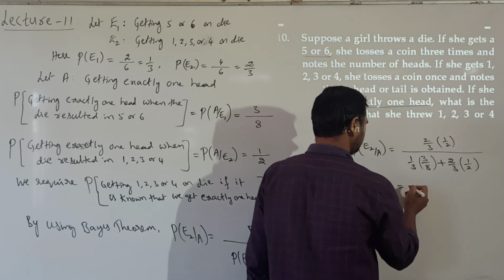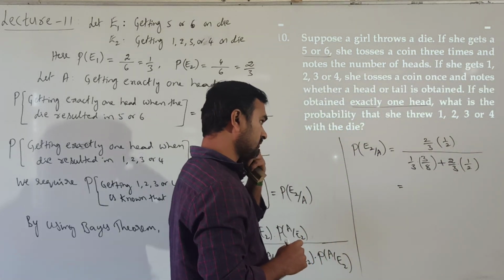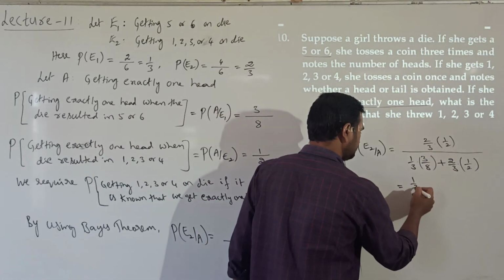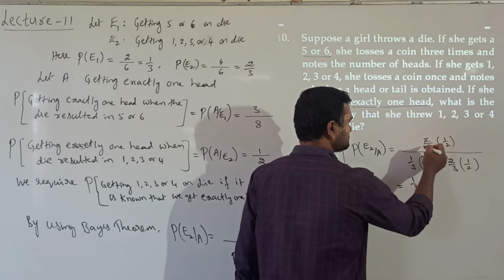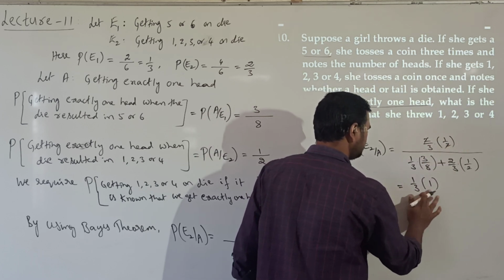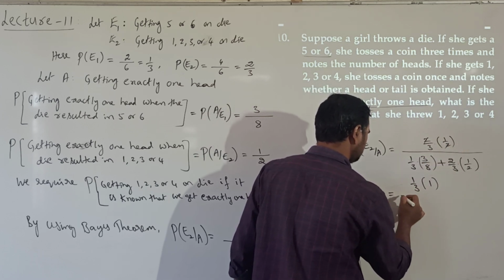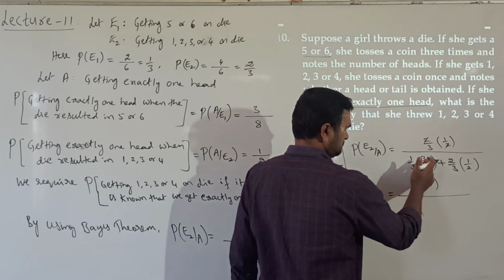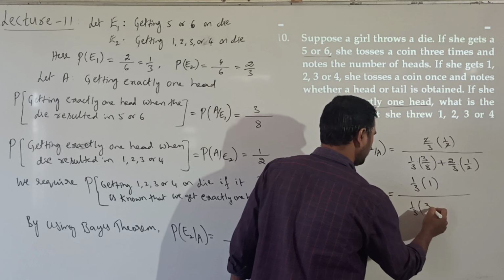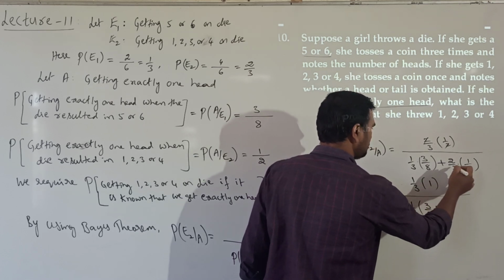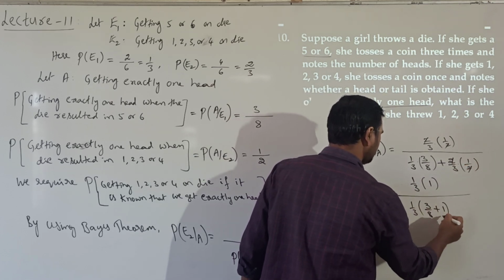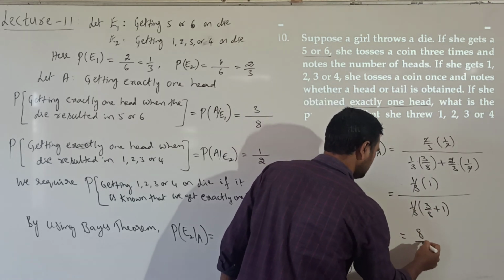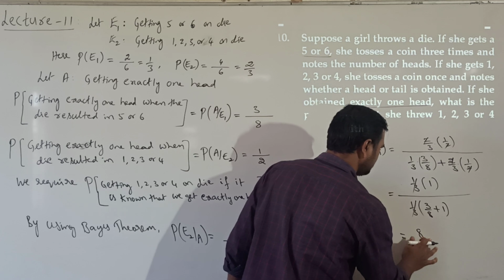Simplify it. 1 by 3 we can take common in the numerator and denominator. 1 by 3 common means 2 cancelled here, remaining 1. So 1 by 3 common means remaining 3 by 8 here. 2 cancelled, 1 here. So 1 by 3 cancelled. So the answer will be 8 by 11.